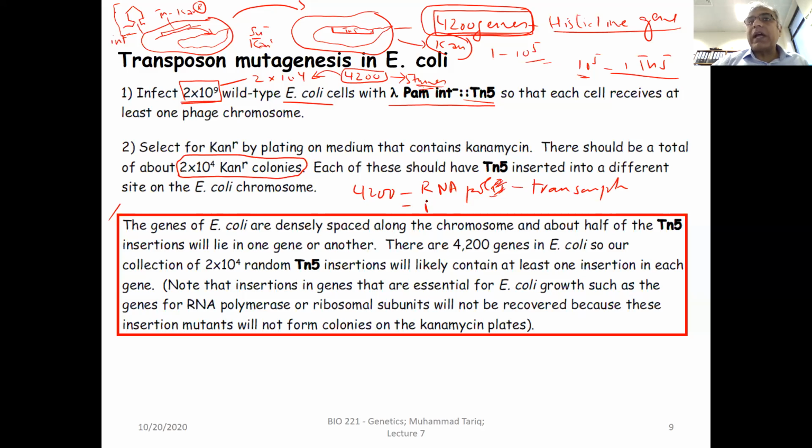There are also ribosomal genes involved in translation. Since these are critical, extremely important, we will not find mutants for them. They will die. So it means if we exclude them from the 20,000 we are recovering, our chances of saturating the genome are even higher.